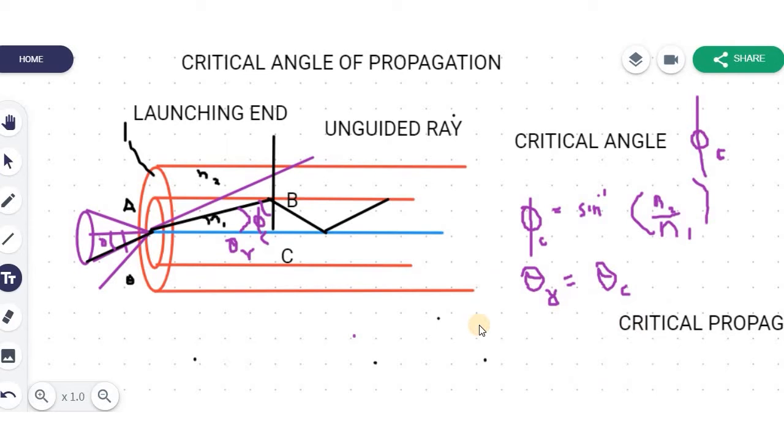From triangle ABC, assume this is A, this is B, this is C. Angle A is theta c, angle B is phi c, and angle C is 90 degrees. What can I say?